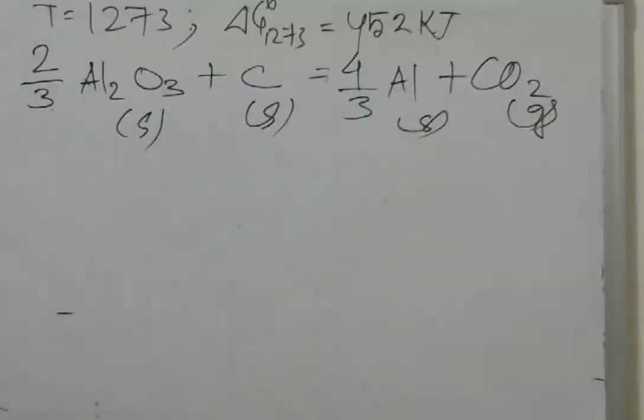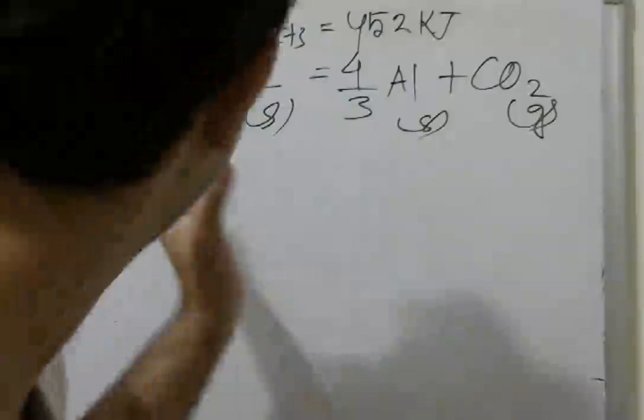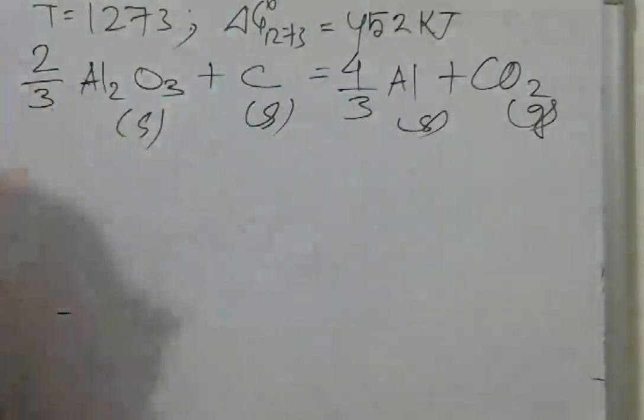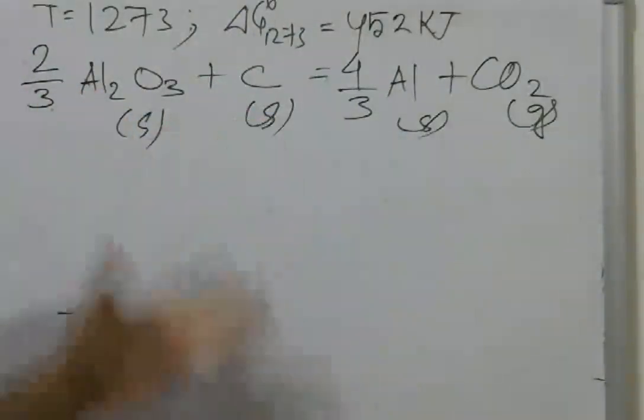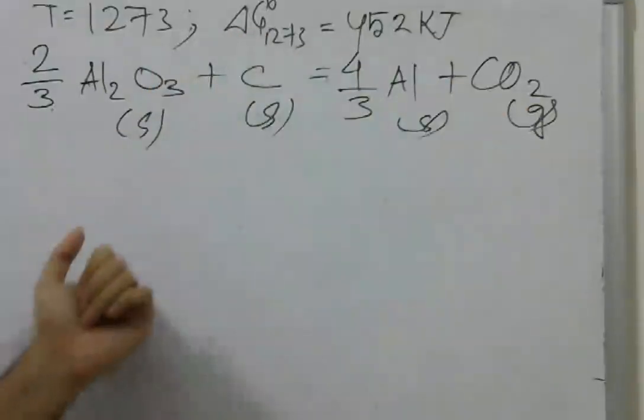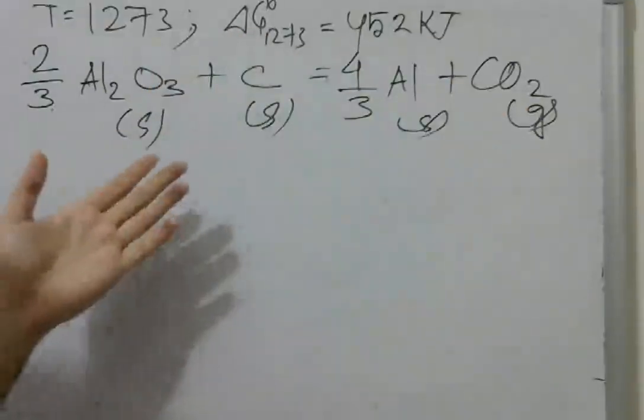I would say it's an easy problem to solve, nothing very complicated here. So what is being done here? It's not a thermite reduction. This is an aluminium reduction with carbon at a particular temperature, for which the del G free energy change for this reaction has been given. You need to find the EMF of the cell.